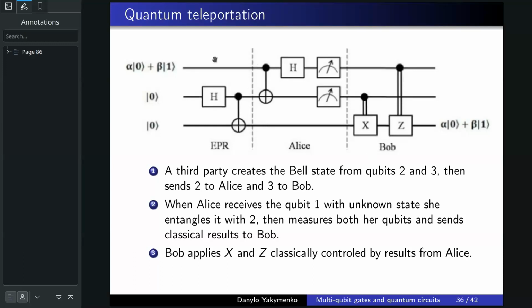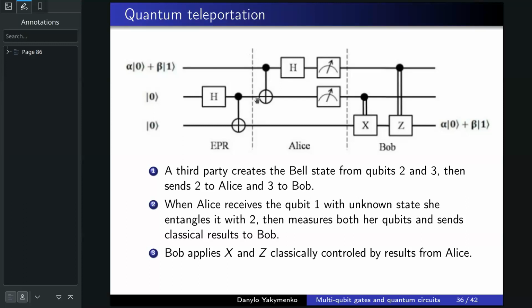Alice receives the first qubit that she wants to teleport to Bob. You may think that the first qubit is also at Alice's location. So Alice is in possession of the first qubit and the second qubit at this point in time.